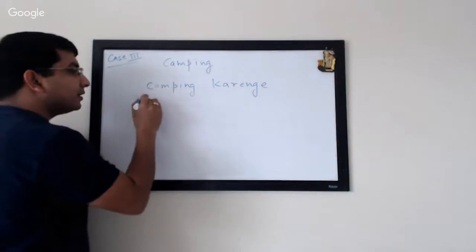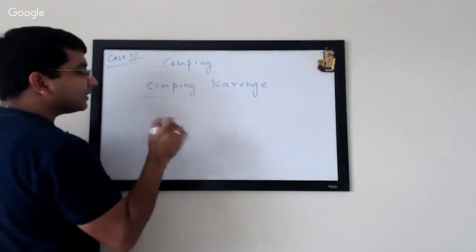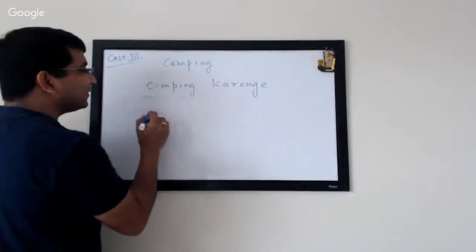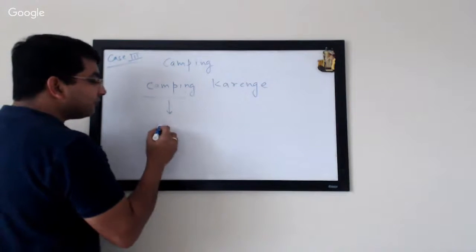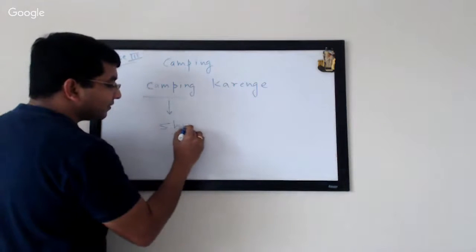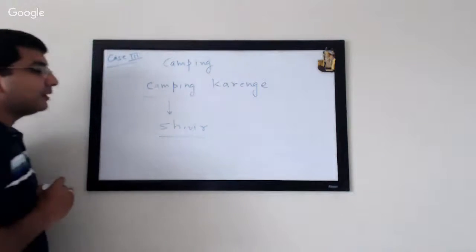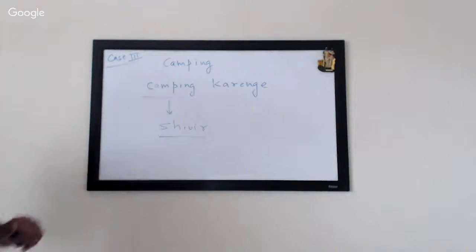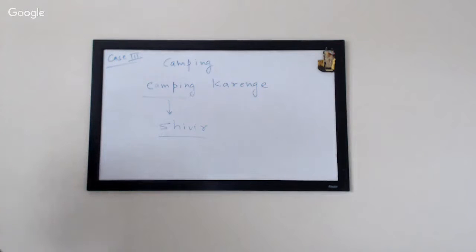There is a word for camping, but that's not like the camping we think of whenever you're making a camping trip in the US. The closest word in Hindi is shivir, but shivir has a different connotation.